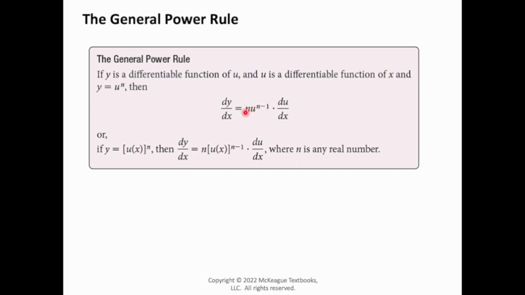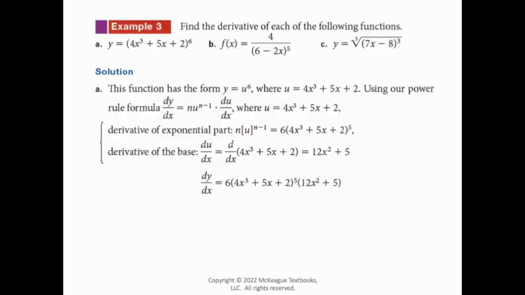I'm going to pull the n down in front. I'm going to reduce that exponent by 1 like we normally do. And we have this inner function here that remains the same, but then I need to multiply it by the derivative of u with respect to x. So whatever that inner function is, we multiply by the derivative of it.